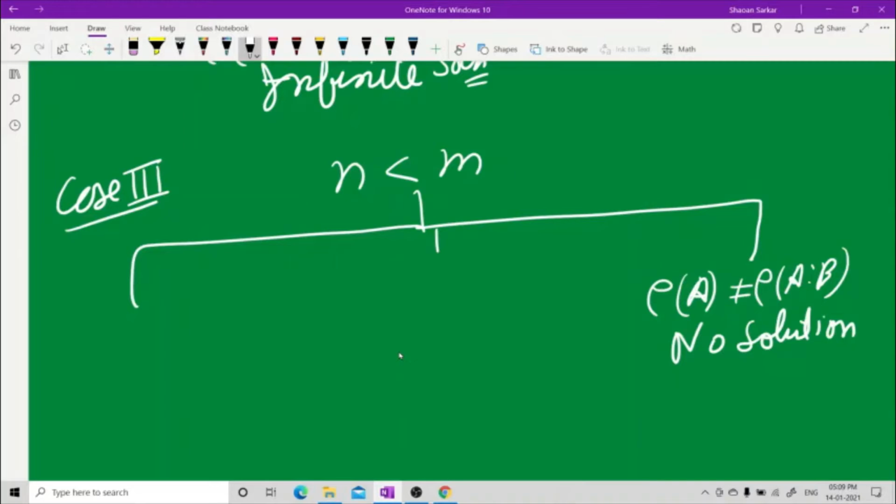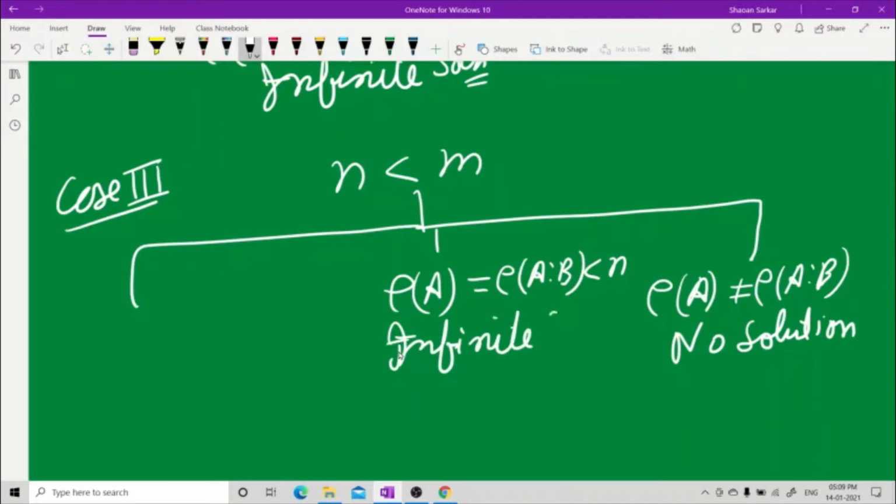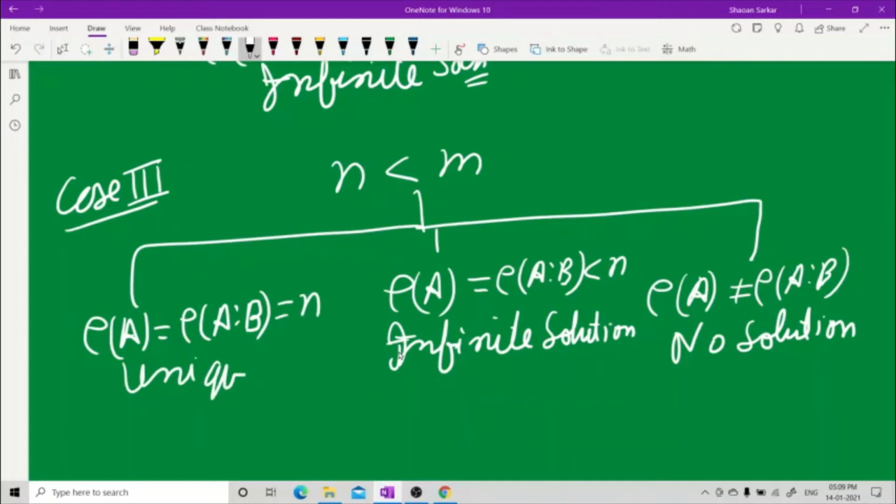If rank of A equal to rank of A colon B and less than n, then infinite solution, and if this is equal to n, I'll get unique solution. I'm doing it just for completeness.